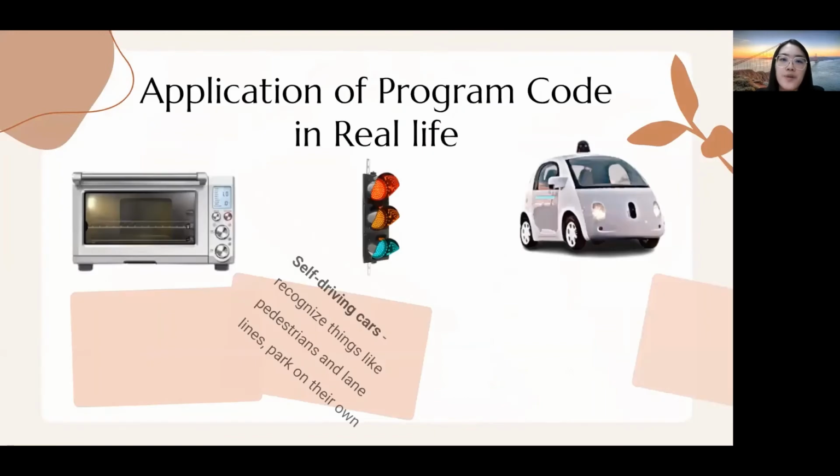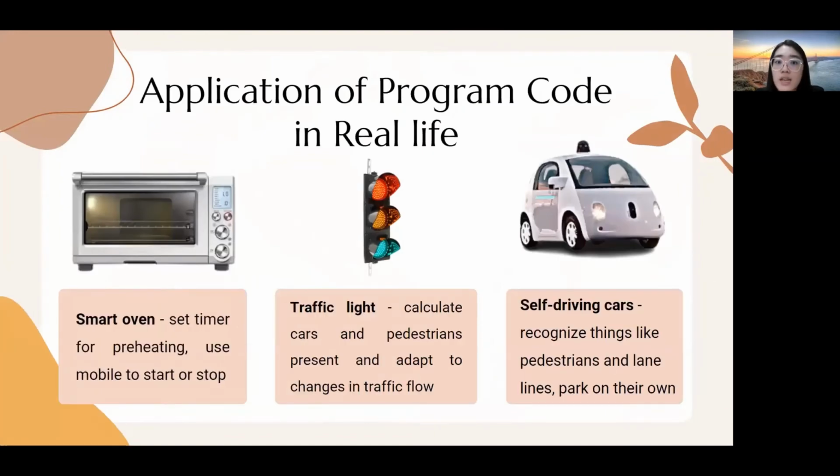And next, program code is also widely used in our real life. For example, smart oven, traffic light, and self-driving cars. So for smart oven, we can set the timer for preheating and also we can use the mobile apps to start or stop the oven.